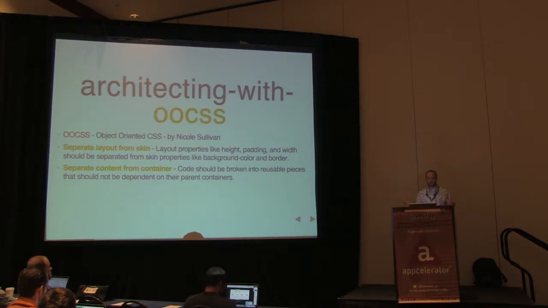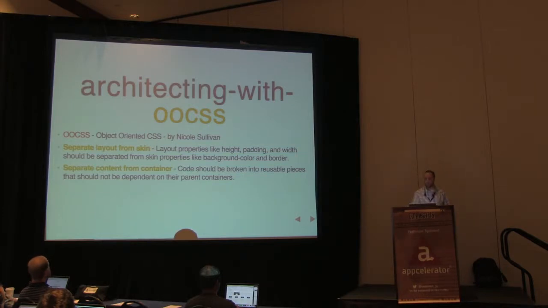Your skin code is going to be things like background colors, gradients, things that really make visual changes. The other point is to separate the content from the container. So we want to build things in reusable modules, and we don't want those modules to be dependent on any parents. We want them to be decoupled. Right? So that's a very high-level look at OOCSS.